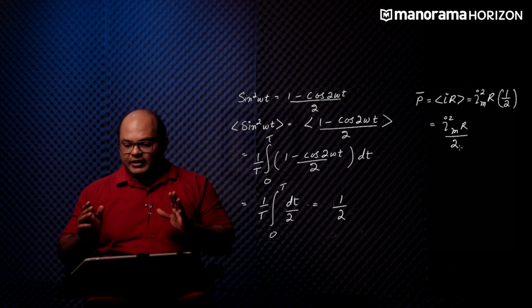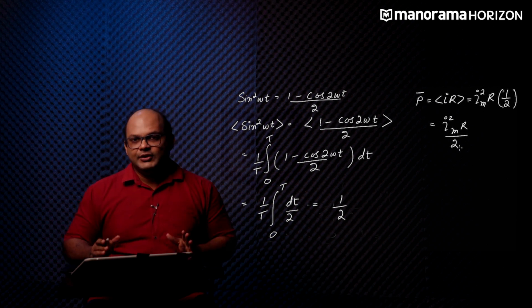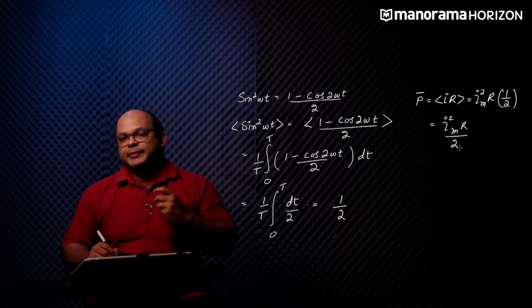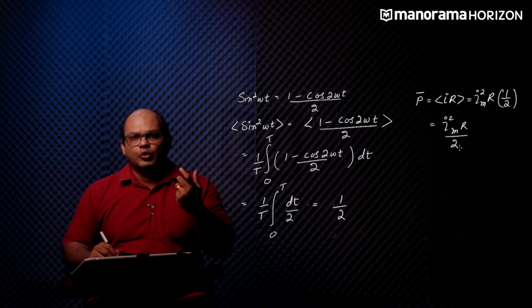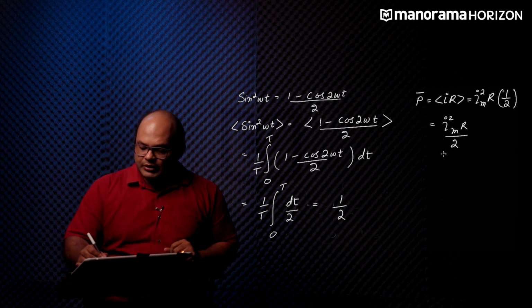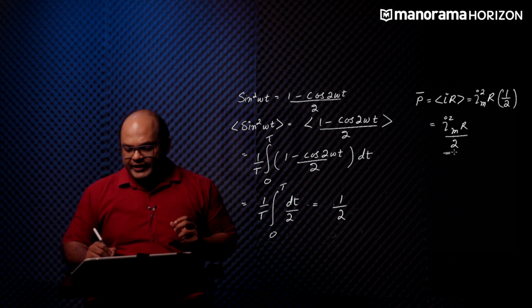Now the question is, can we define a value of current which will dissipate the same amount of energy over a closed cycle which is equal to this amount? So we can actually do this.